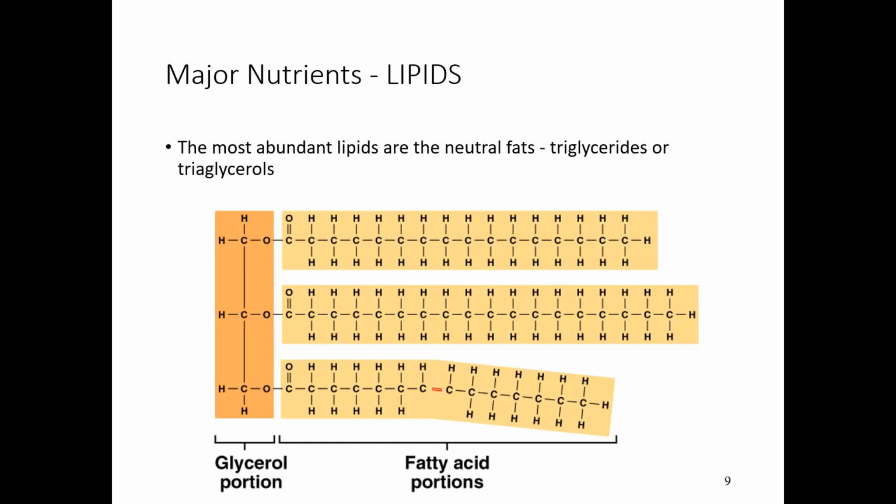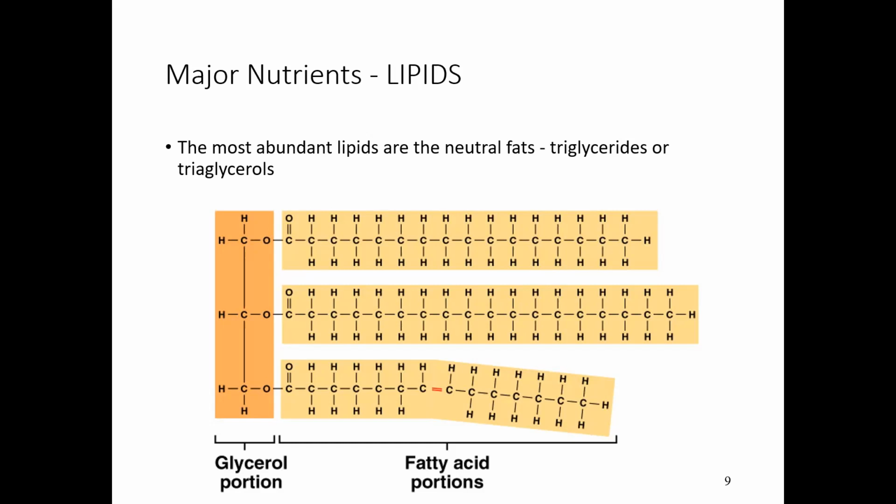A fatty acid chain is nothing but about 20 or 30 carbons attached to hydrogens, with an acid group connecting the glycerol to the carbon hydrogen chain. That is a fatty acid, and that's the other half of the triglyceride. So this is a triglyceride.